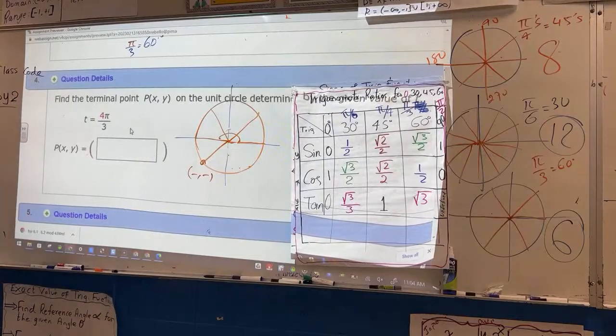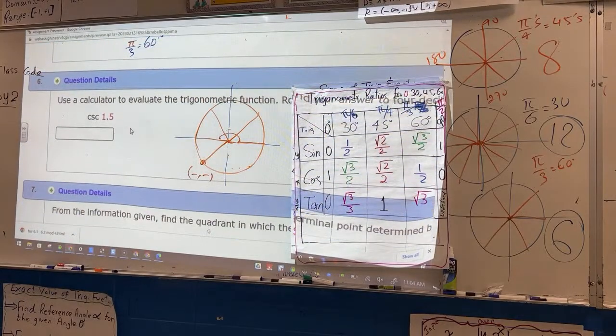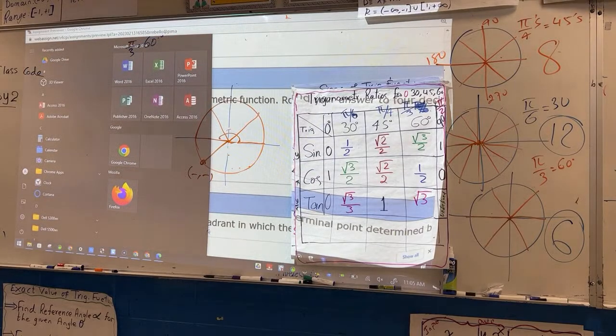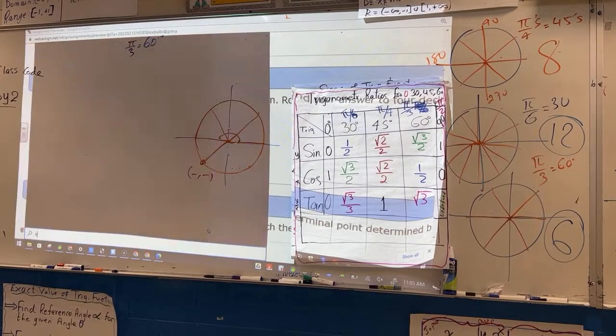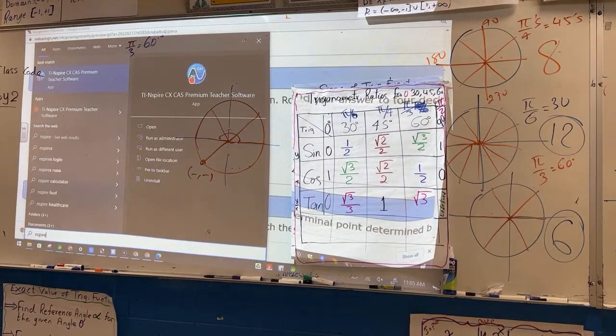Okay, let's go to the other. What about this part? Cosecant, now you confuse us. Here you have to use the calculator. Open your black calculator, I'll pull up mine too. You have those answers with you?